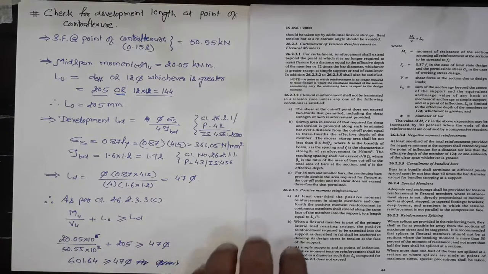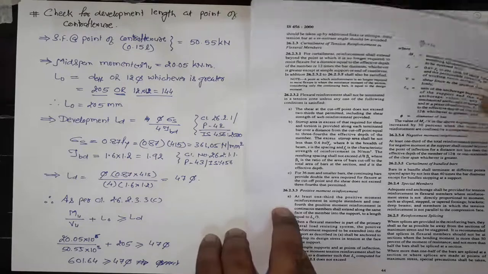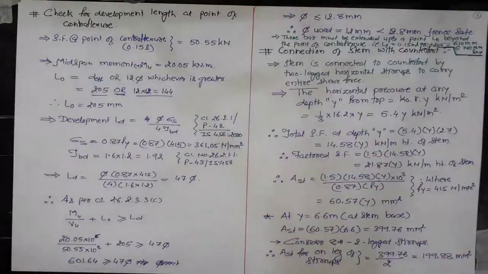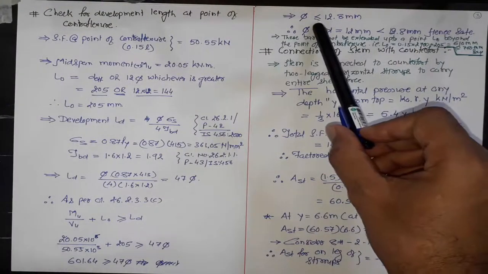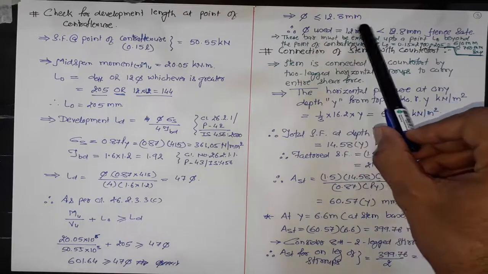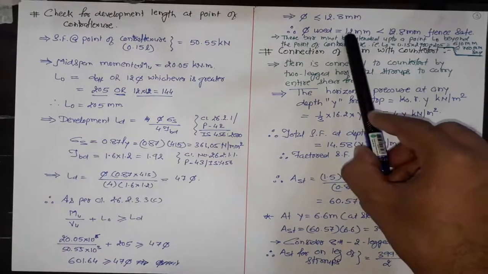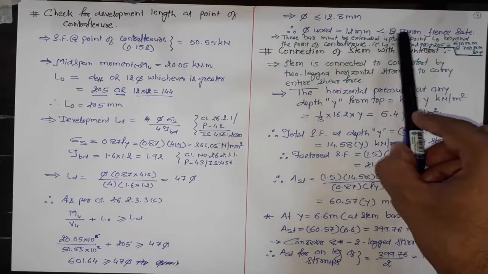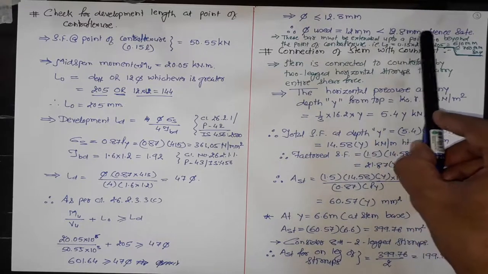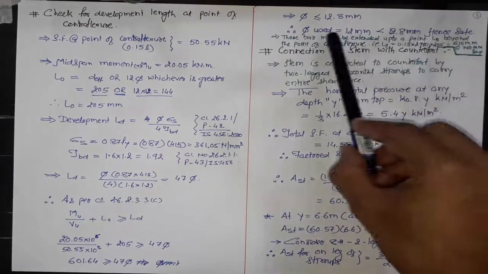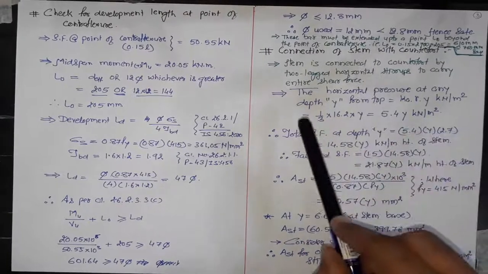This comes out to be that diameter should be smaller or equals to 12.8 mm. Since the maximum diameter of main tensile reinforcement is 12 mm, which is smaller than 12.8 mm, hence we are safe as far as diameter is concerned.